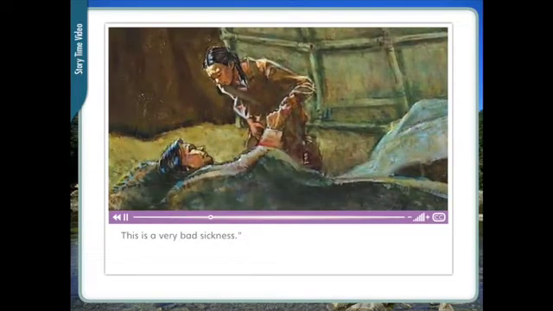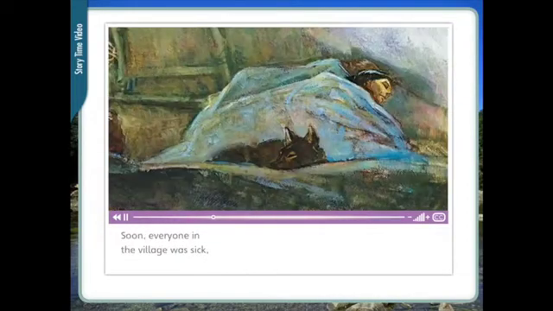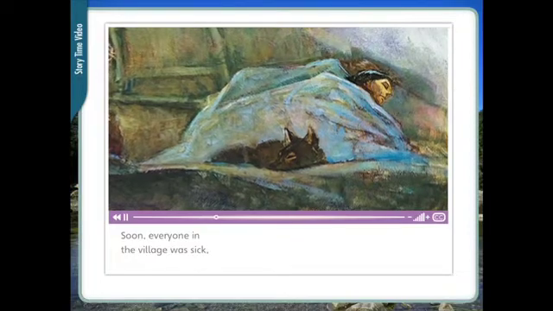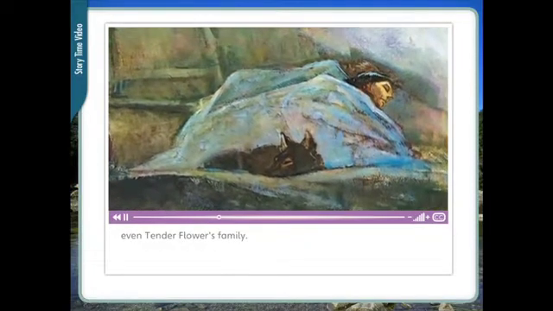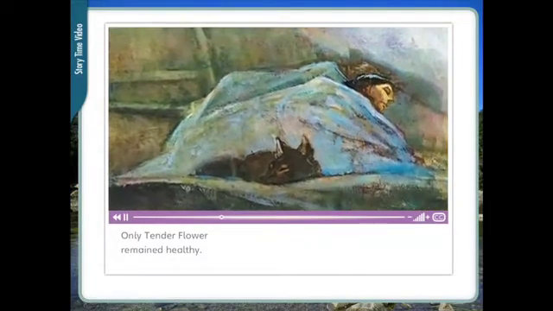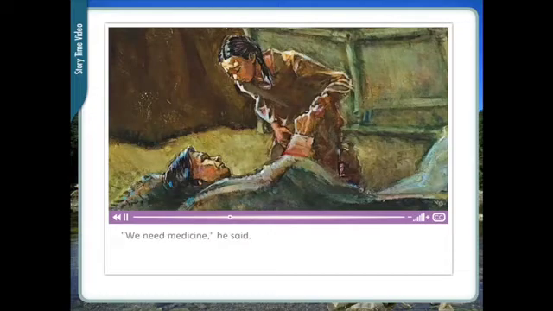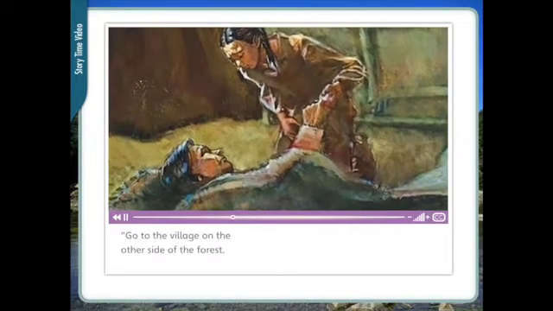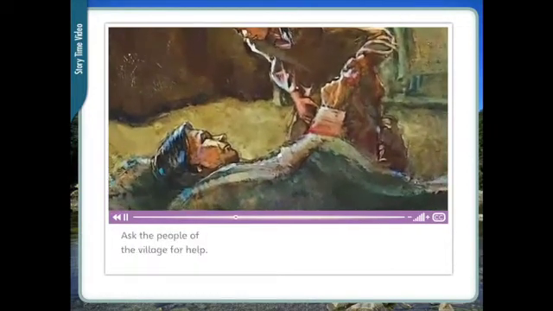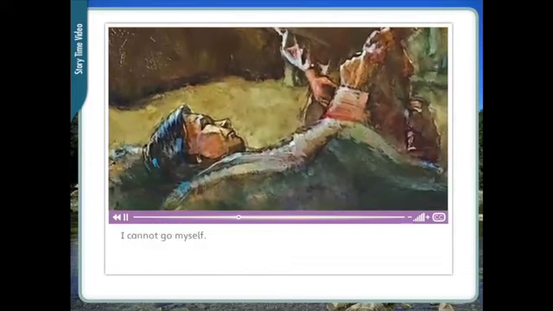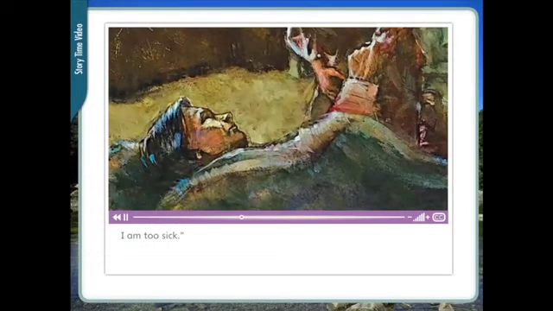This is a very bad sickness." Soon, everyone in the village was sick, even Tenderflower's family. Only Tenderflower remained healthy. Tenderflower's father called to her from his bed. "We need medicine," he said. "Go to the village on the other side of the forest. Ask the people of the village for help. I cannot go myself. I am too sick."